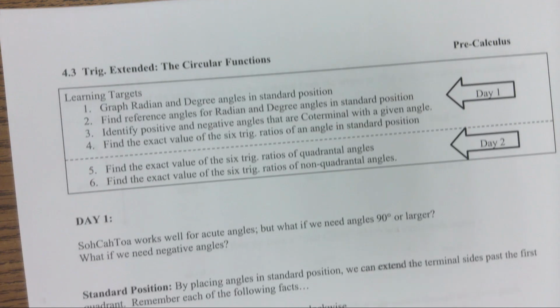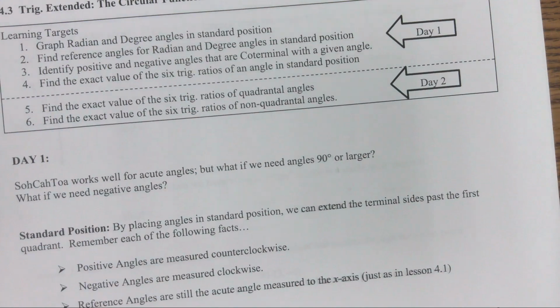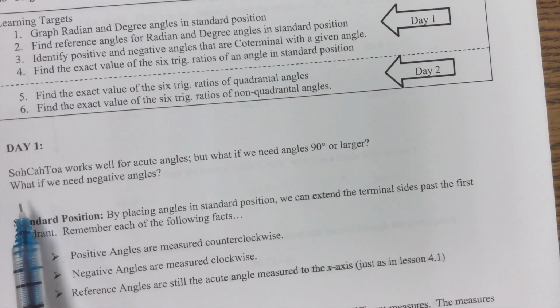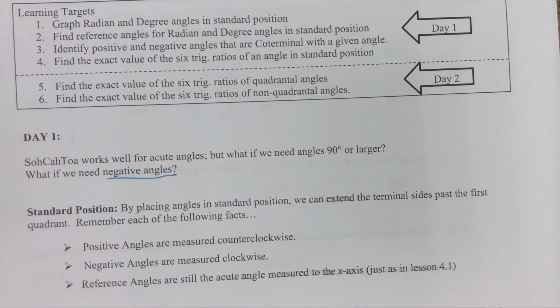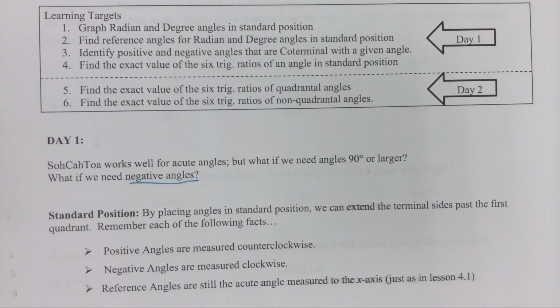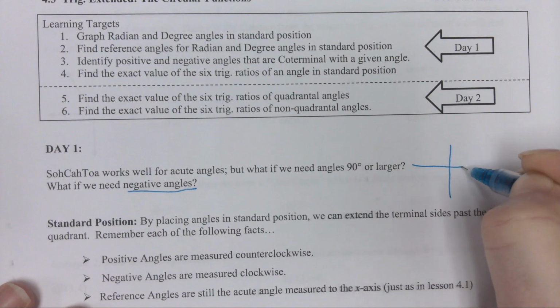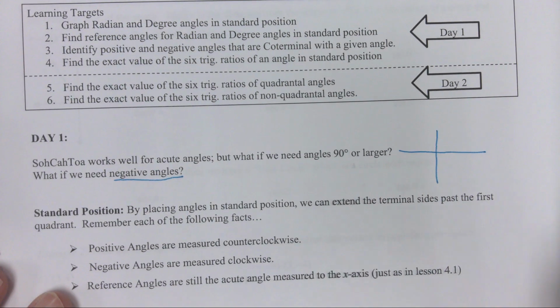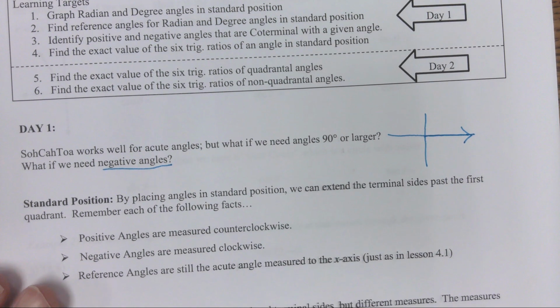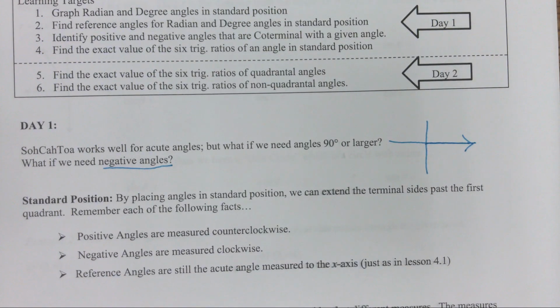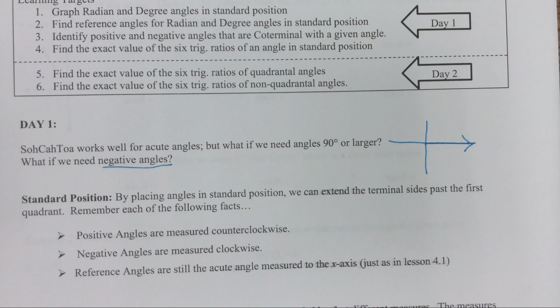First of all, this came up a couple days ago. If we're rotating from here, remember the standard position? Standard position means the angle starts straight out from the x-axis. Does anyone remember from geometry, what if the angle is negative?